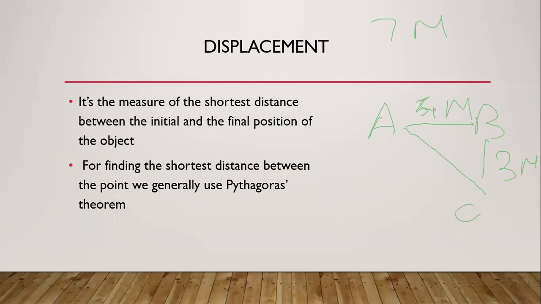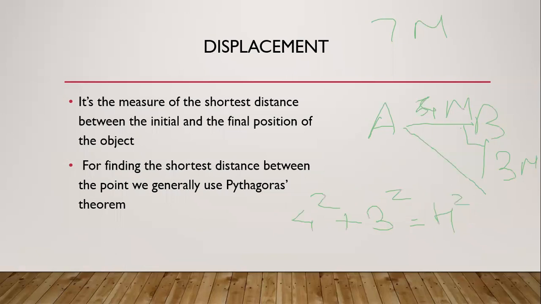For finding A to C, we will use the Pythagoras theorem, which states that base square plus perpendicular square equals hypotenuse square. Now we will put the values in this theorem. Here the base is 4, so 4 square plus perpendicular, which is 3 square, equals h square.